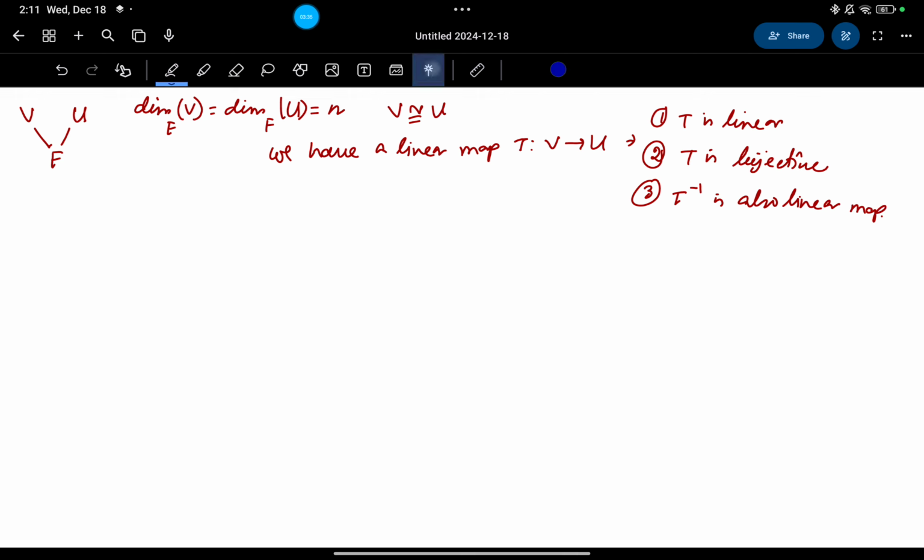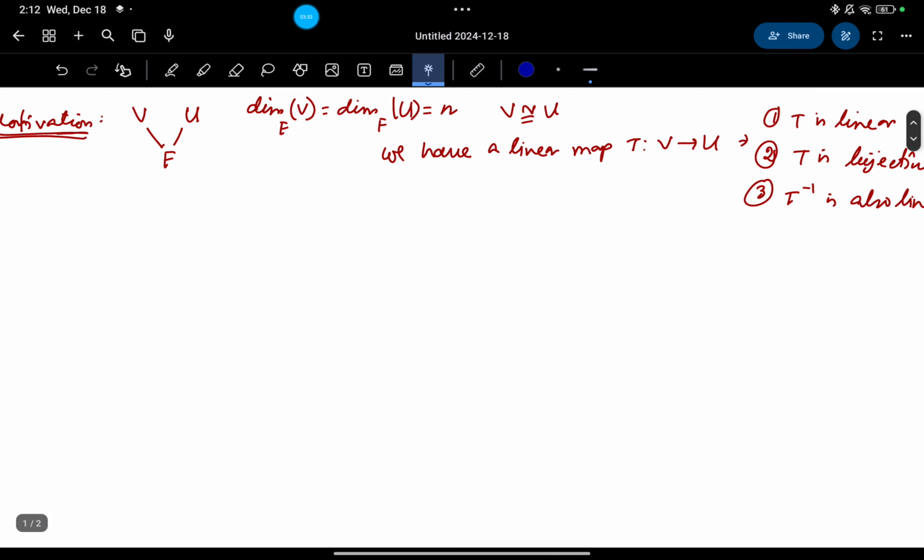In fact, the first two properties are enough to check, because once it is bijective, the inverse of this linear map is always a linear transformation. But in general these are the things that one needs to check.